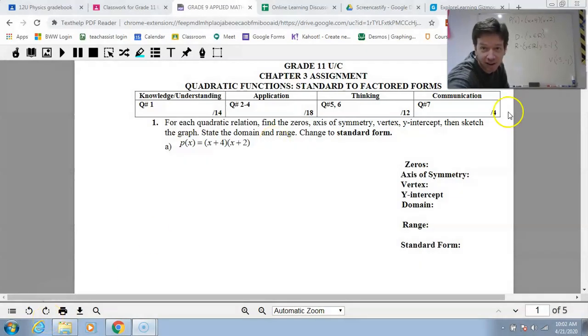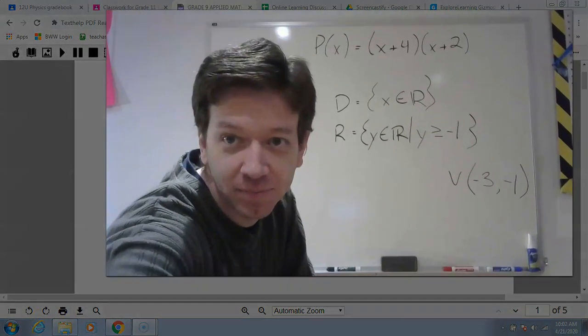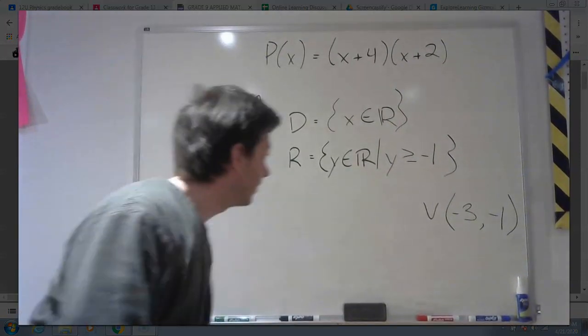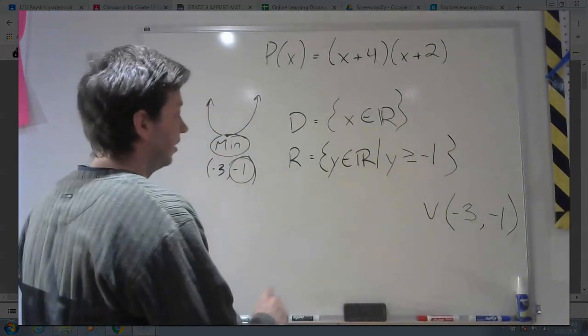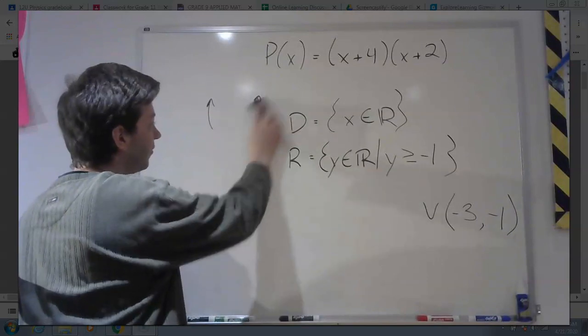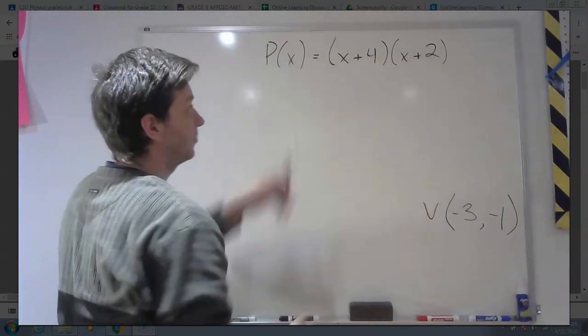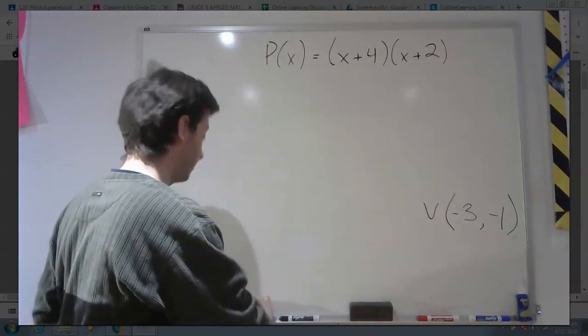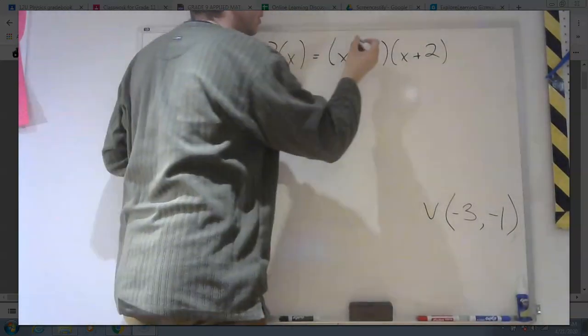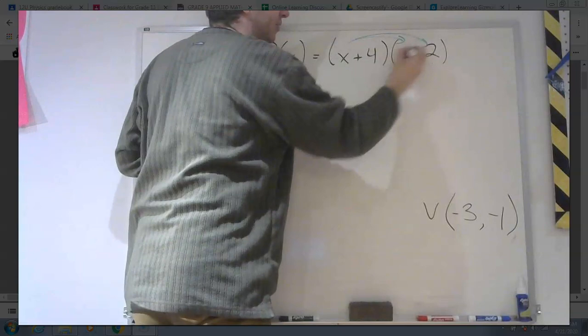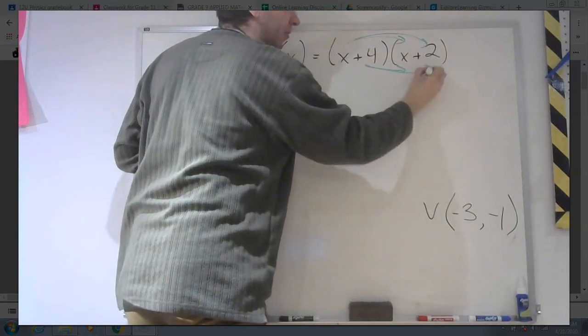Standard form, and then we'll do a sketch. So, standard form isn't too bad. All we're going to do is expand that, and to do that, we're going to FOIL it. We've done this many, many times.